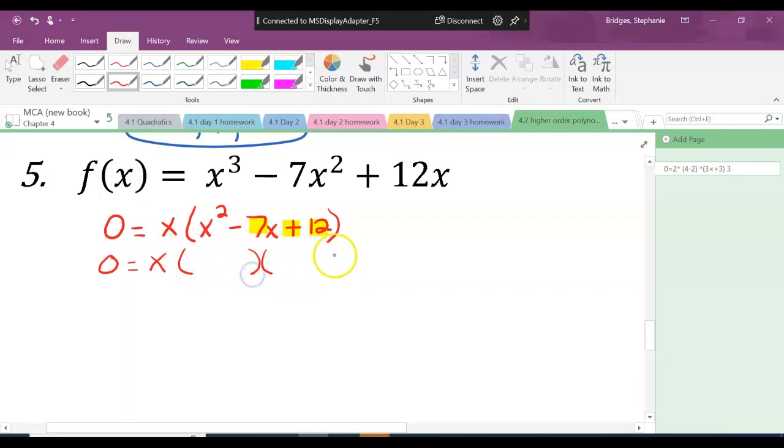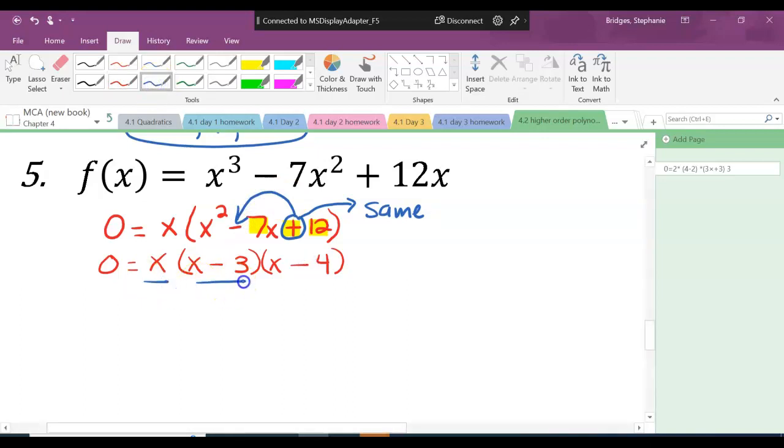We're going to set up our two parentheses. We're going to split the x squared into x and x. What numbers multiply to give me 12 and add to give me 7? 3 and 4. Okay. If my second sign is a plus, my signs are going to be the same, and they are going to be whatever that first sign is. So in this case, they are both going to be negative.